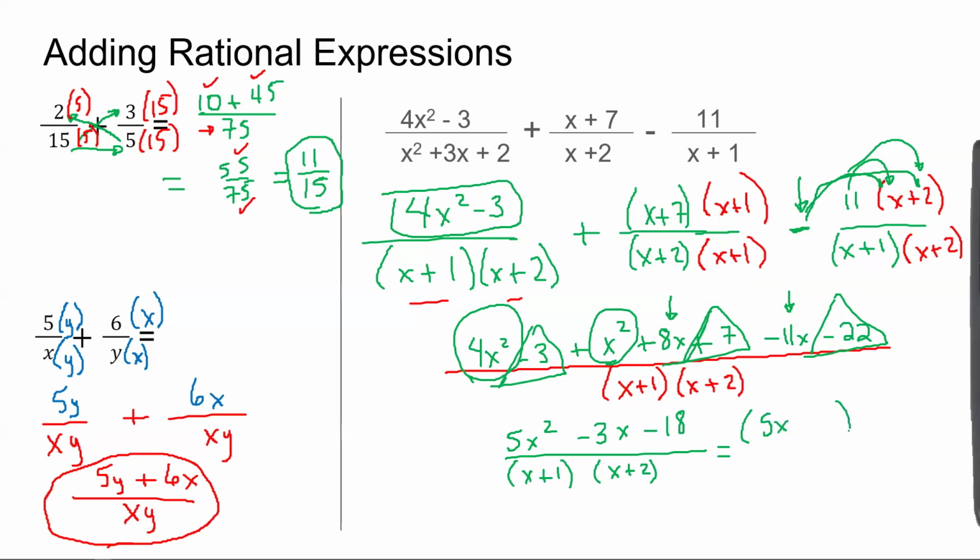Let's see what happens. I got a 5x and an x. Need some factors of 18. Of course, those are going to be 1 times 18, 2 times 9, 3 times 6. 4 doesn't go in, 5 doesn't go in. We've already got a 6, so we're done. There's only 3 possibilities, but there's a whole bunch of ways these things could get stacked up.